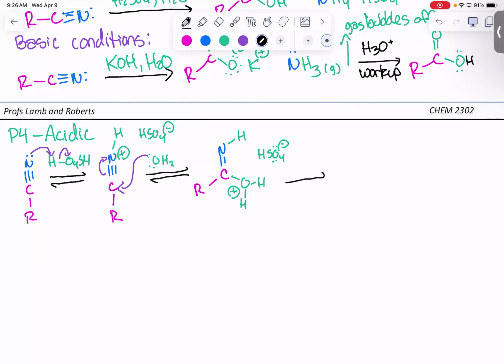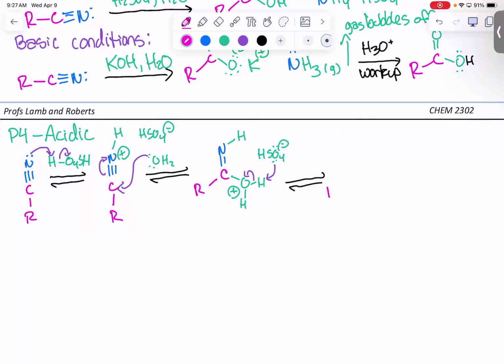So we've made one of our desired bonds. Let's go ahead and neutralize this species so that our OH group is not positively charged. So we'll take the lone pair of electrons on oxygen of your sulfate counterion. If you wanted to use water for this, that would be completely fine. We can break that OH bond.